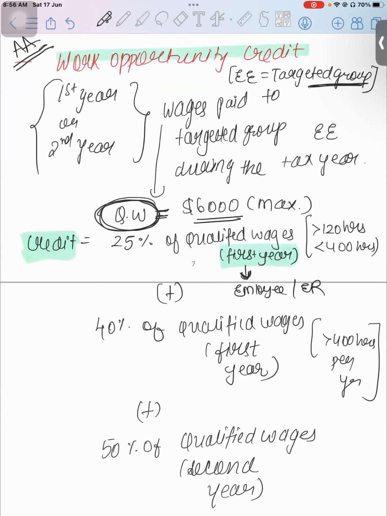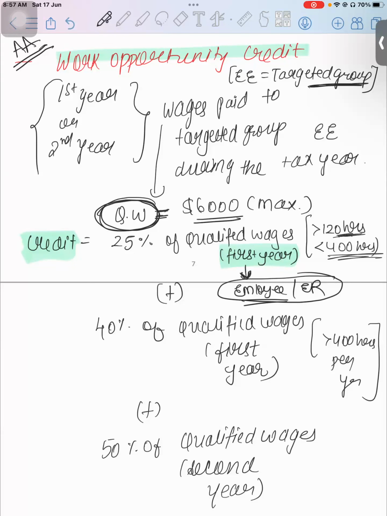Employer has just started the business and that is the first year, or the employee is getting hired and that is his first year, and you need to take 25%. Here also this is unclear in the IRS law. Okay, so take the wages, take 25%, if that particular employee has worked for more than 120 hours and up to 400 hours for the whole year.